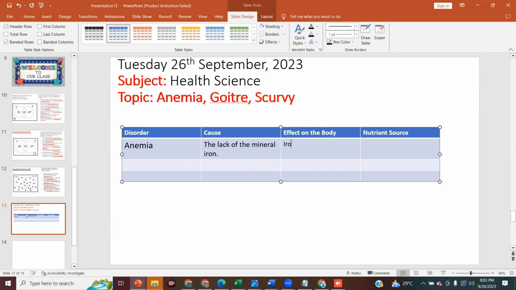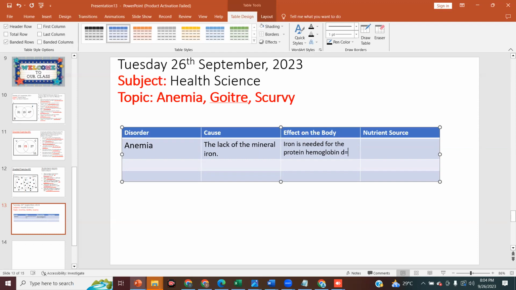So what is iron needed for in the body? Anyone ever heard the word hemoglobin? Yes. What is hemoglobin? That's something in the red blood cell. It makes the blood red, right?